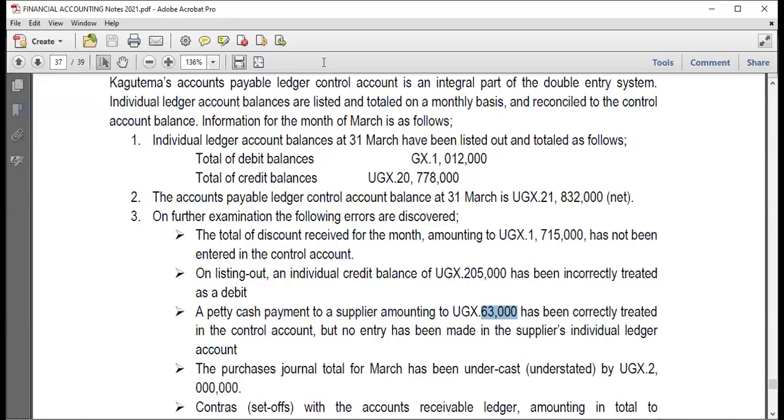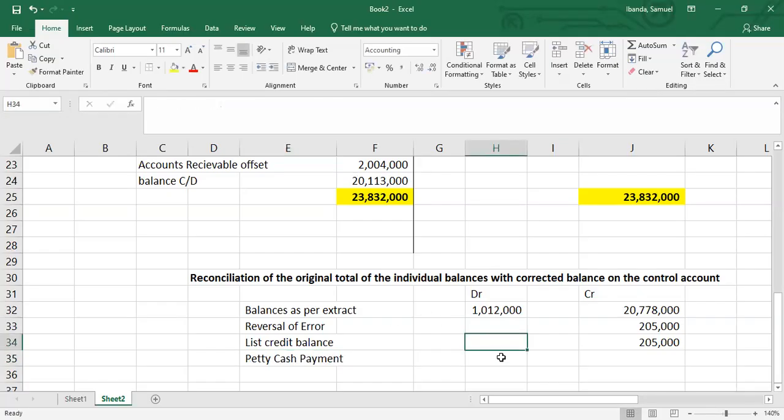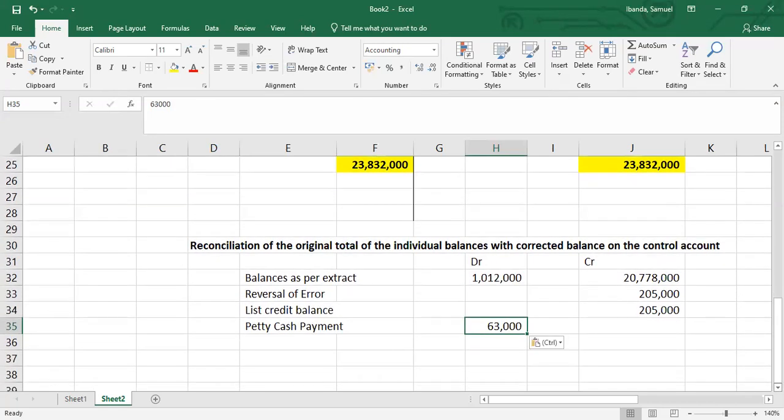So I'll have a petty cash payment, which I'm going to debit right here, like that, okay? That is what I'm going to have.